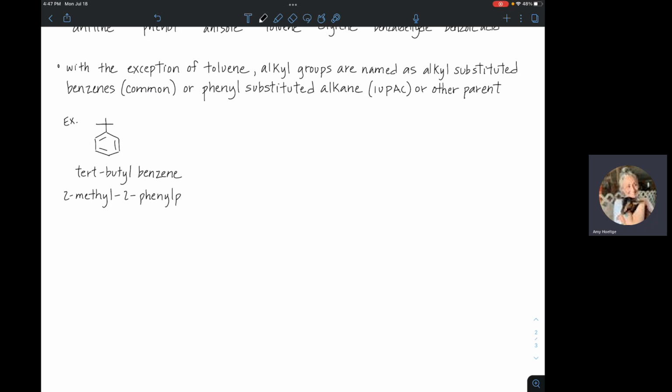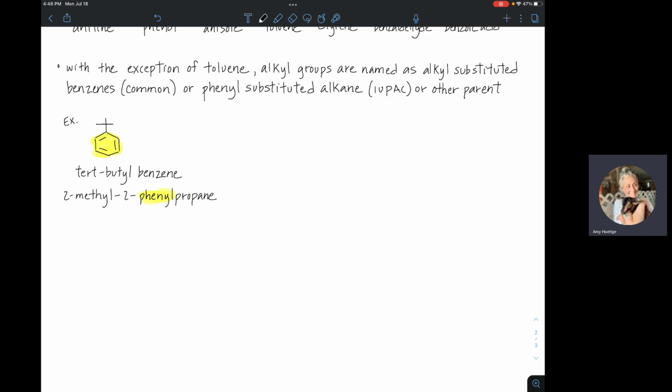And this is all one word. So my longest continuous chain would be those 3 carbons across the top. Off of carbon 2, I have a methyl, and then again off of carbon 2, I also have a phenyl group. The phenyl group is right here, if you're using IUPAC nomenclature.